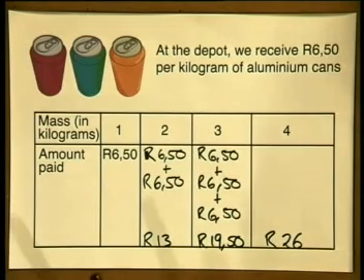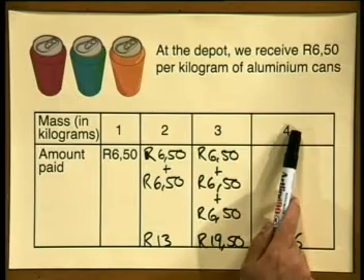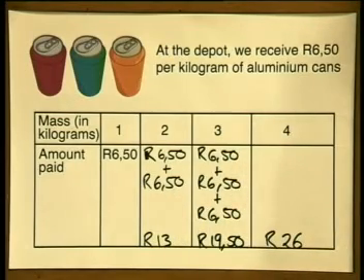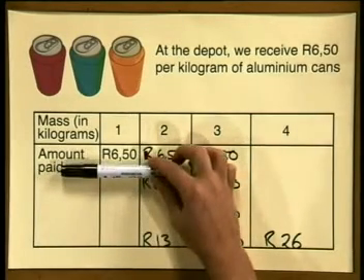Now, we could continue to fill in a table like this for any number of kilograms, but to make our lives simpler, which is what maths is all about, we should look for a pattern. Do you see a relationship between the mass of cans collected and the amounts paid? For 1 kilogram, the amount paid is R6.50.